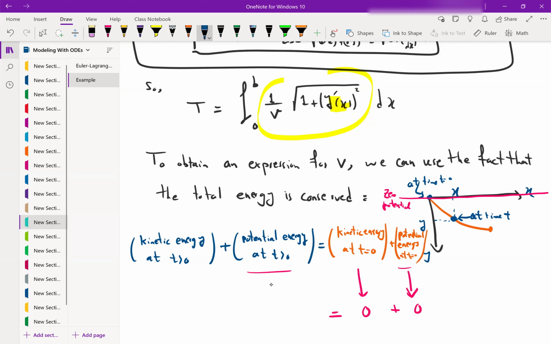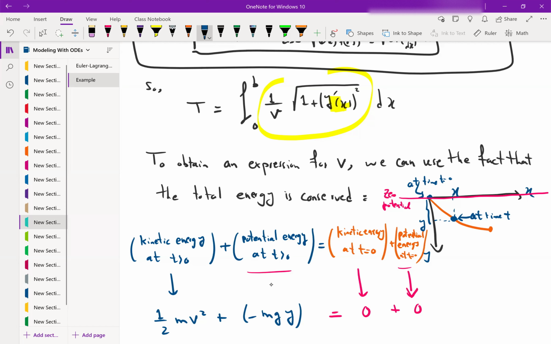Now, what about the kinetic energy of the bead at t greater than 0? If the speed is v at this point, and I wanted to find this v, the kinetic energy is 1/2 mv squared. What about the potential energy if this height is y and it is moving downward in the direction of gravity? So the potential energy is negative mgy. If it was moving in the opposite direction of the gravitational force, that would have increased the potential energy.